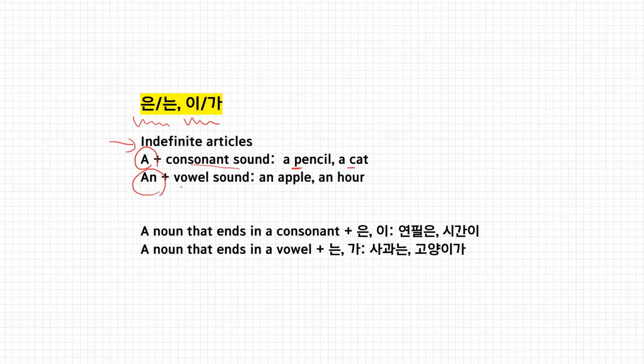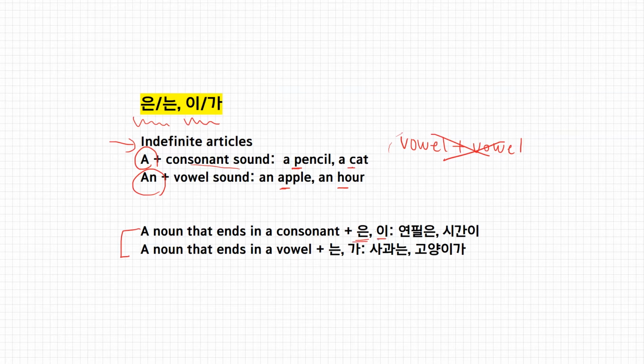An is used when the following noun has a vowel sound, like an apple, an hour. Why? Because it's easier to pronounce. It is to avoid vowel plus vowel sounds. It is actually hard to pronounce. For the same reason, we have two options.